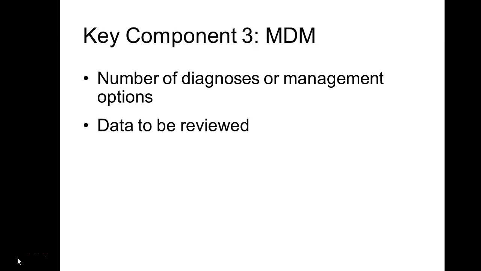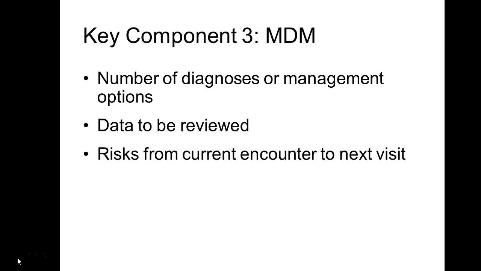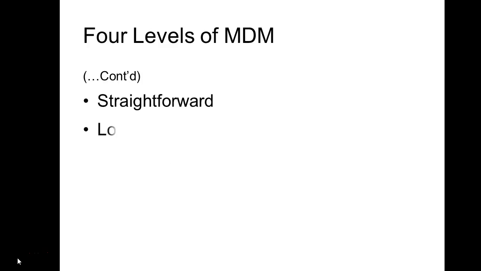Again, terms change. So what we need to know is the number of diagnoses or management options, the data to be reviewed, and the risks that are involved. In this case, the 4 levels are straightforward, low, moderate, and high.